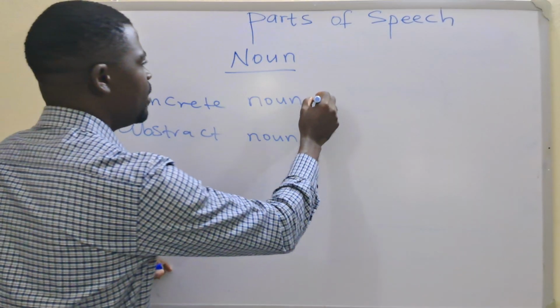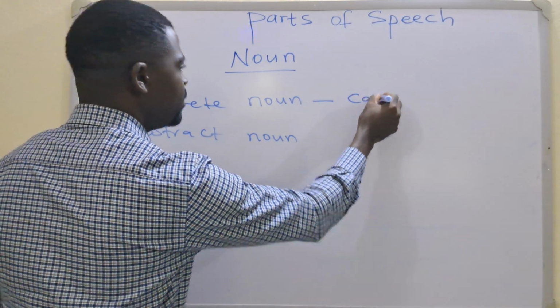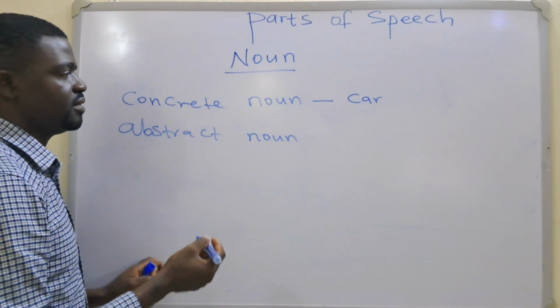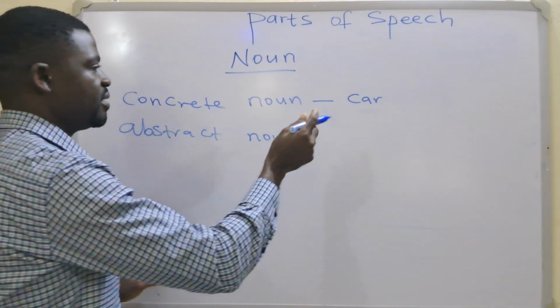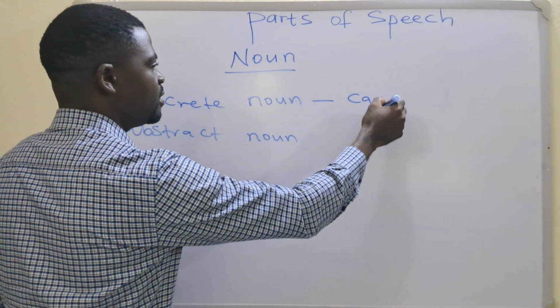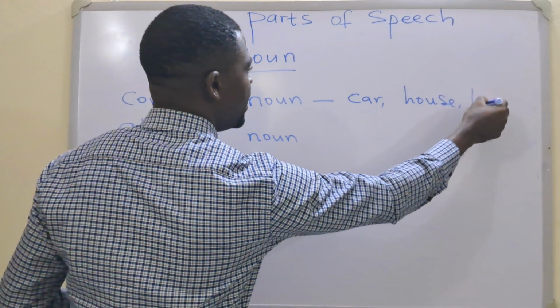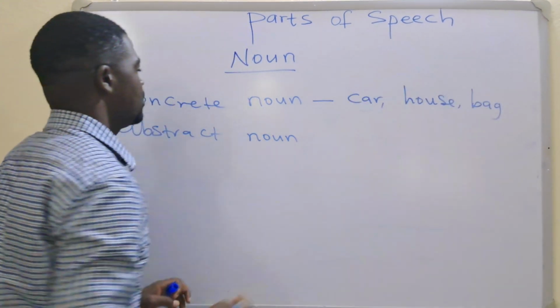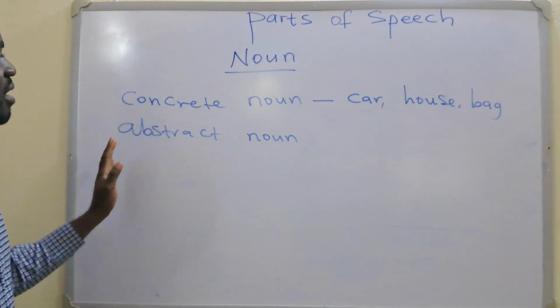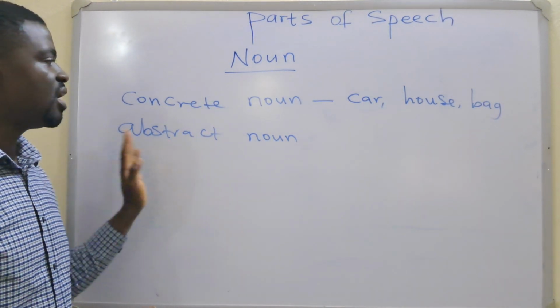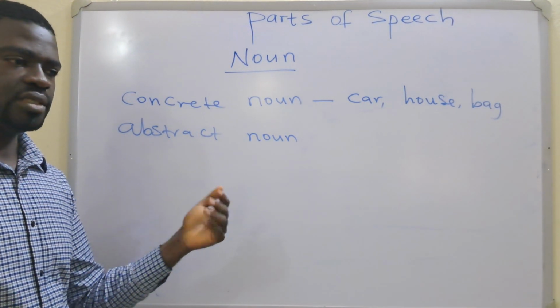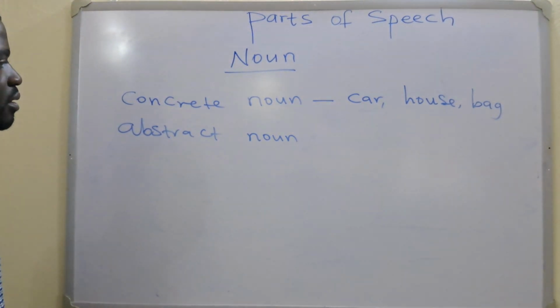Say a car, you can see a car. You can see it, you can feel it, you can touch it, you can handle it. House, bag. Whereas abstract nouns are those you cannot see or touch.